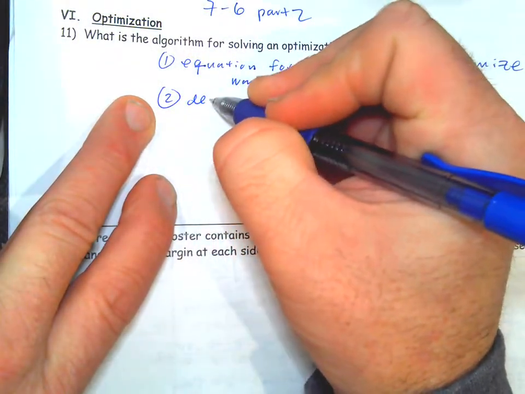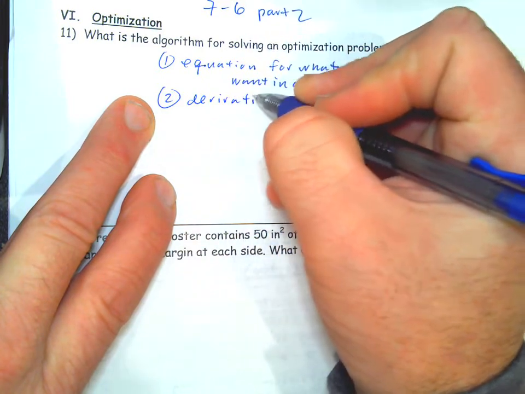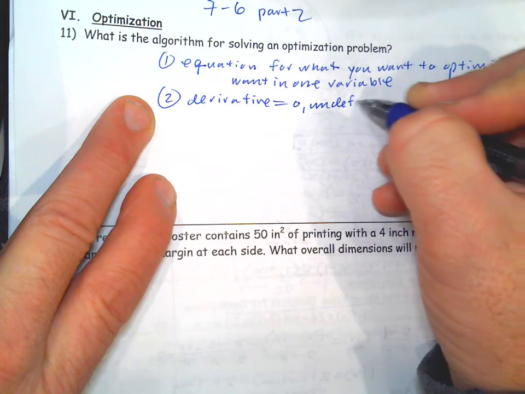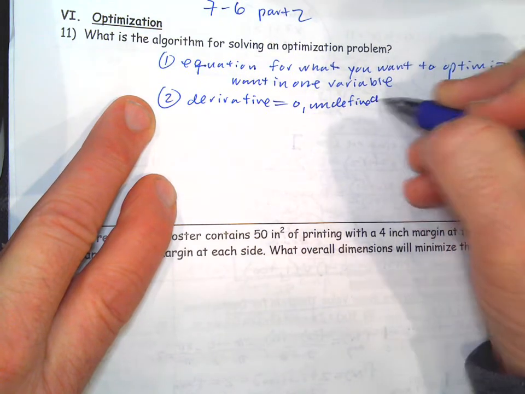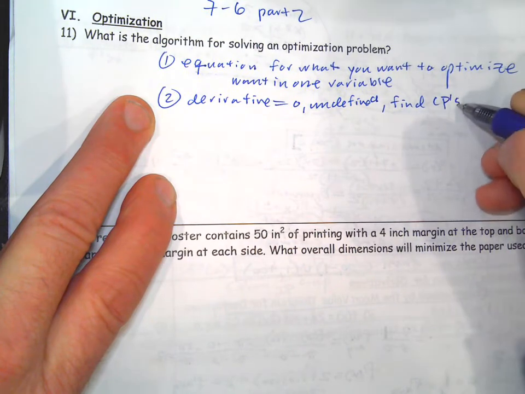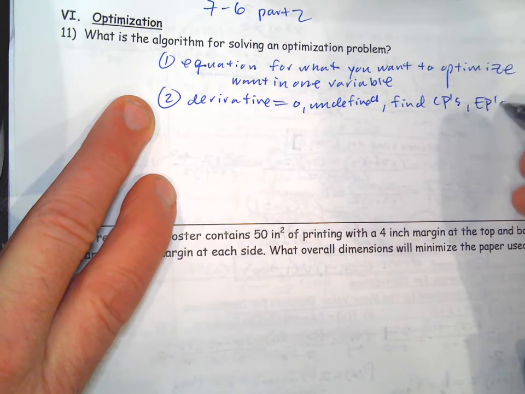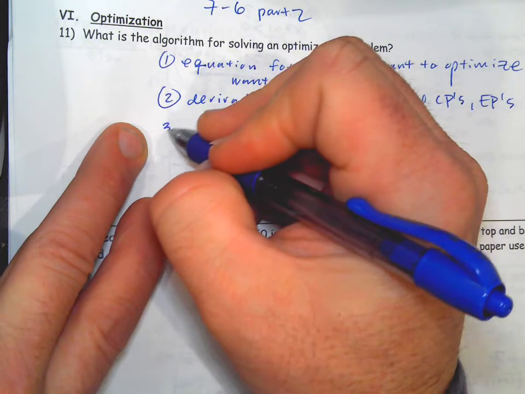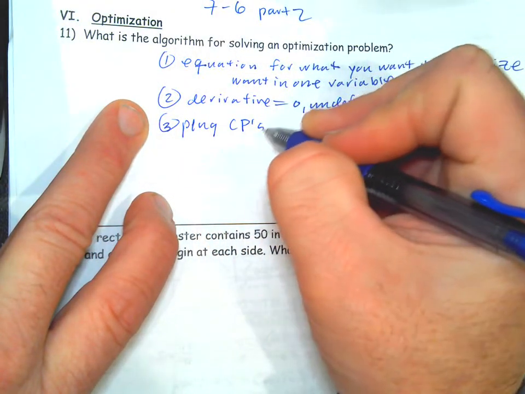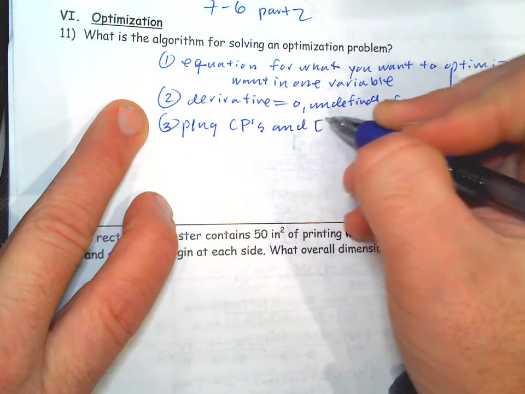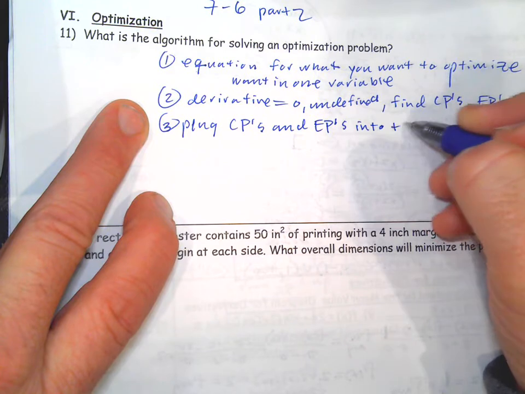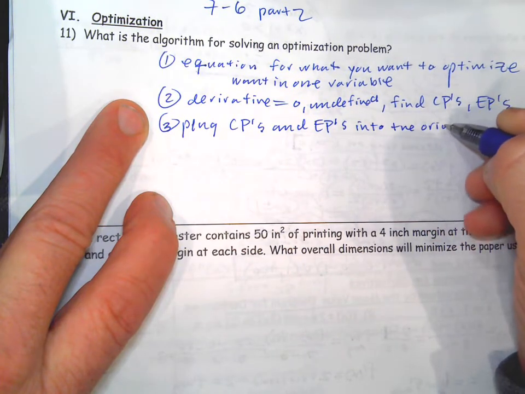Then you want to take the derivative and set it equal to 0, undefined. And you want to find the critical points, and you want to find the endpoints. And then number 3, you want to plug your critical points and endpoints into the original function.